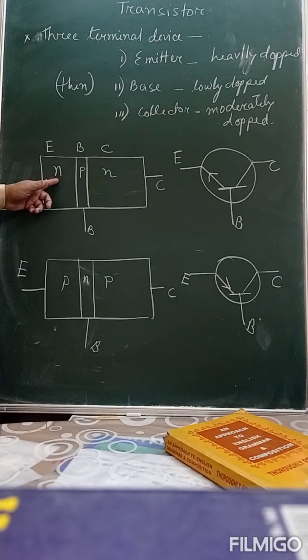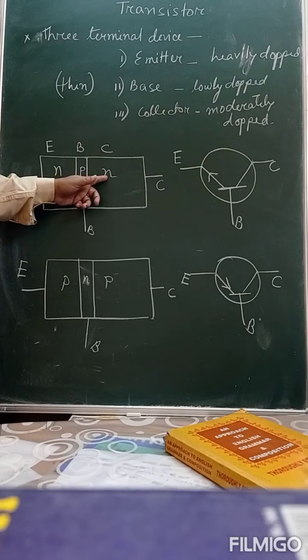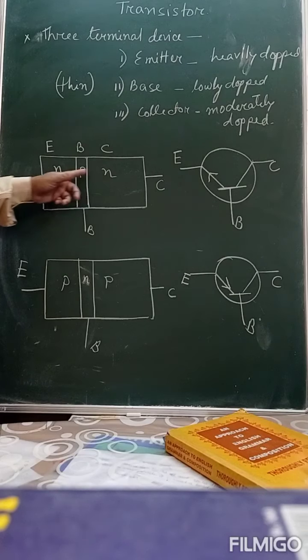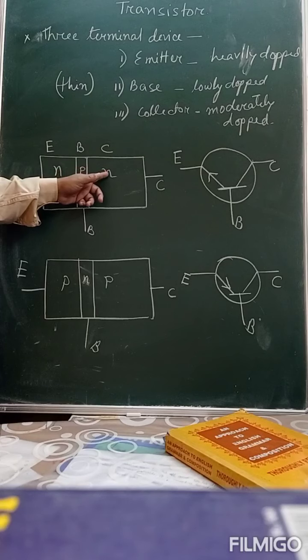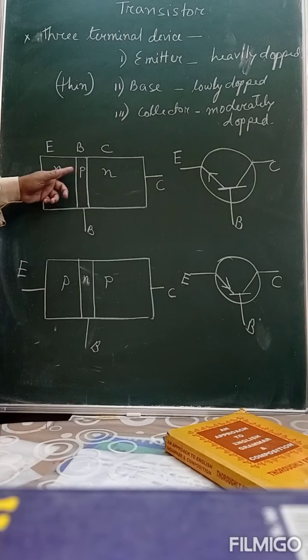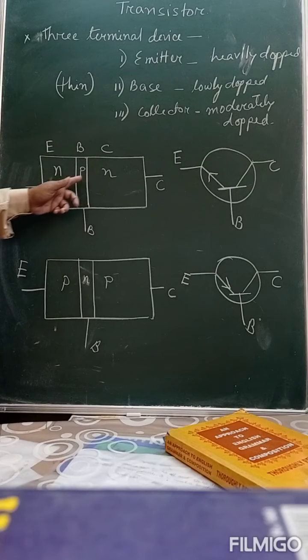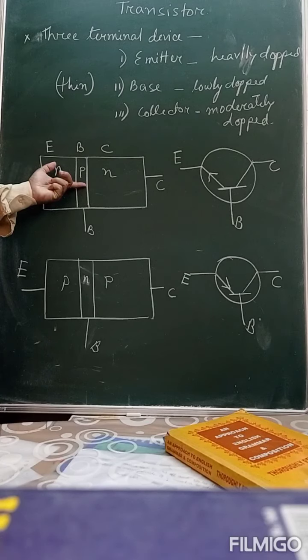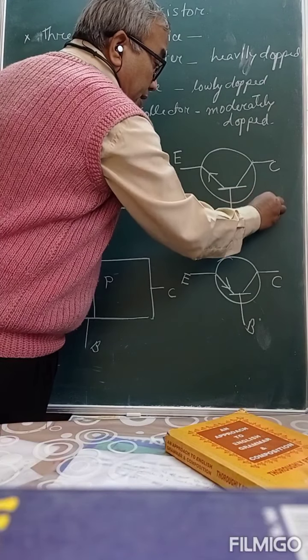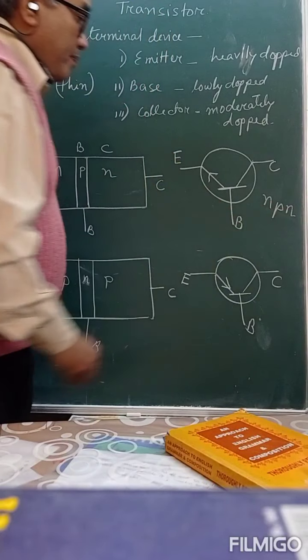Now in NPN transistor, free electrons, the majority charge carriers, are moving from emitter to collector through the base. Yes or no? Electrons are moving from N to P. We know that direction of current is always opposite to the flow of electrons. Since electrons move like this, the direction of current will be from P to N. Therefore, this is the representation of NPN transistor.